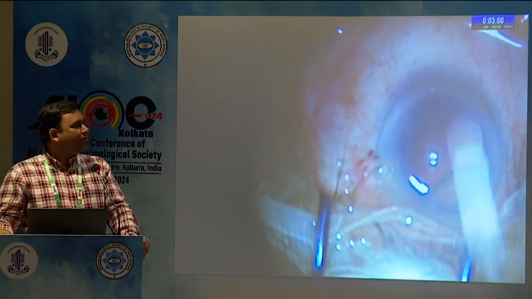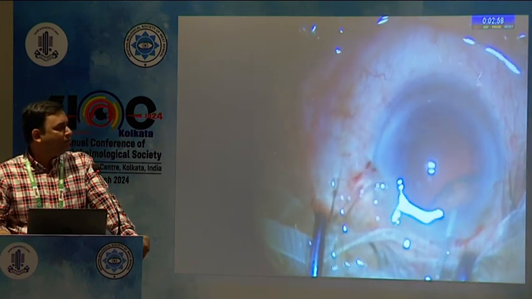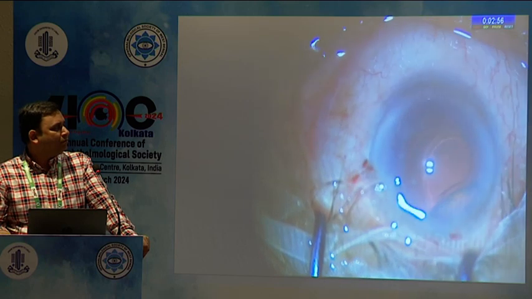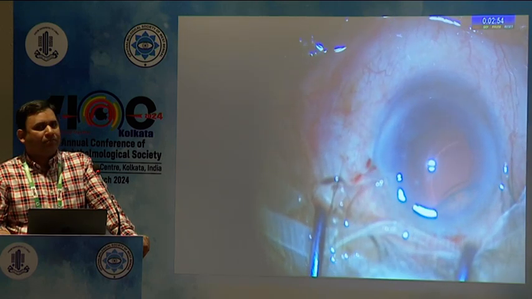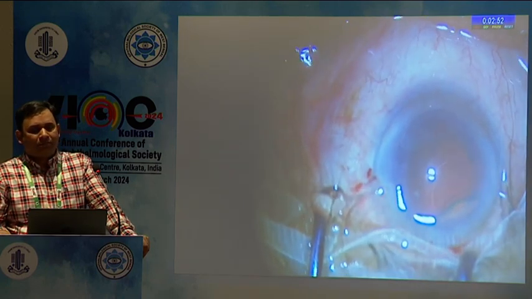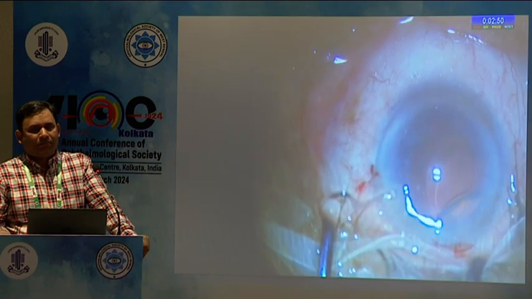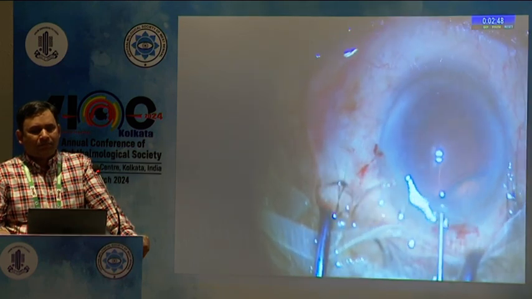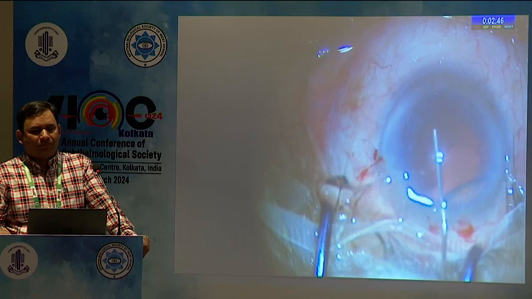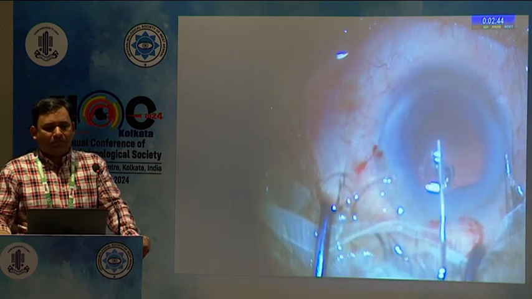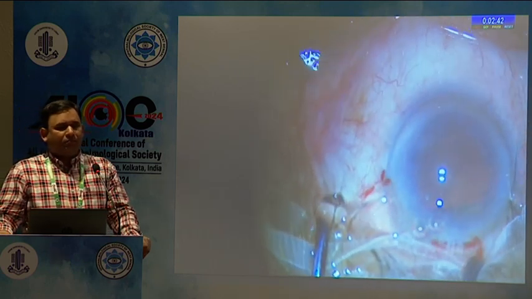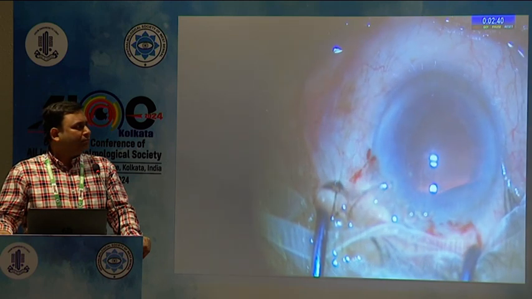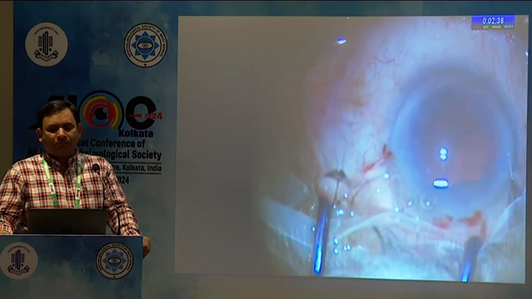We can see the nucleus is towards the vitreous cavity, and we injected cohesive viscoelastic Healon into the anterior chamber and tried to see if any traction was happening from the vitreous towards the wound. We have not gone into fishing the nucleus.